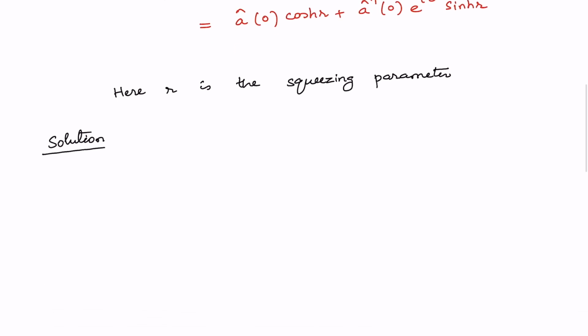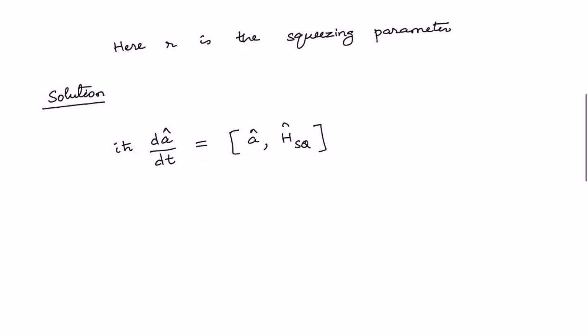The Heisenberg equation for this annihilation operator is i h bar dA/dt equal to the commutator of A and the Hamiltonian, where this Hamiltonian is the squeezing Hamiltonian. Putting in its expression, that is equal to i h bar omega times z A dagger square minus z star A square.